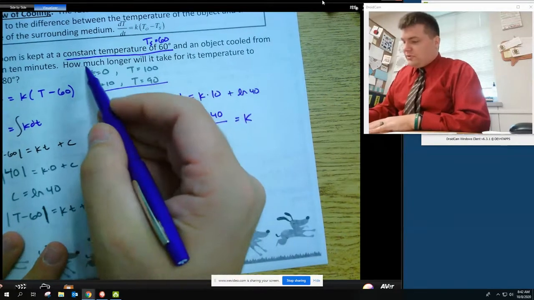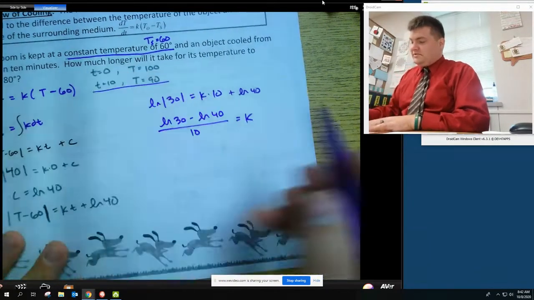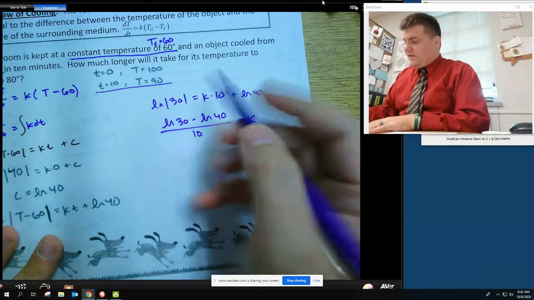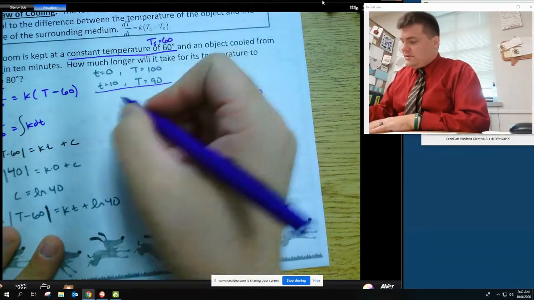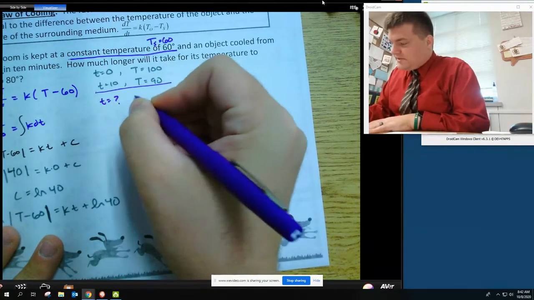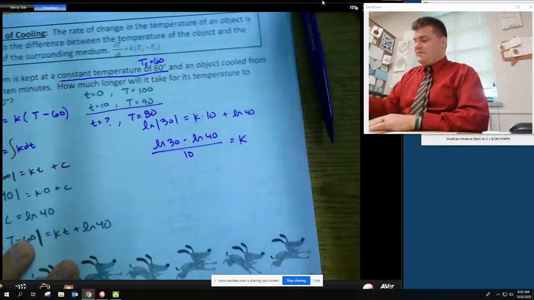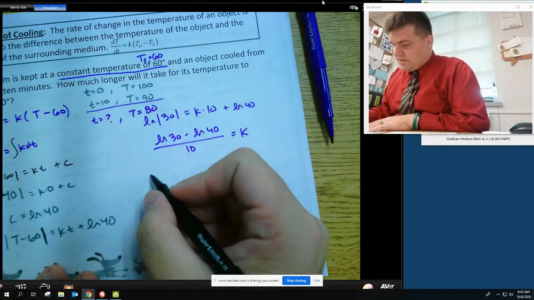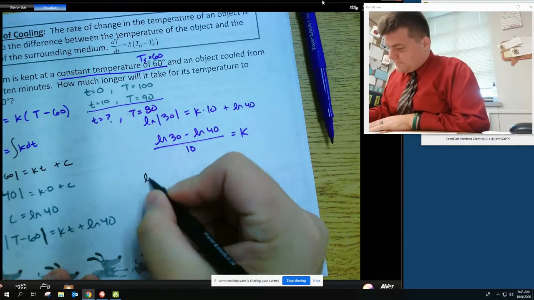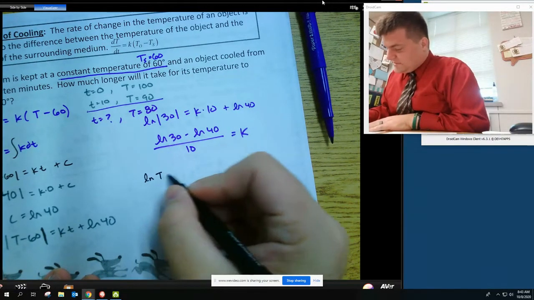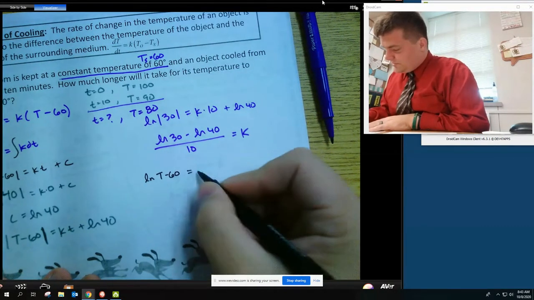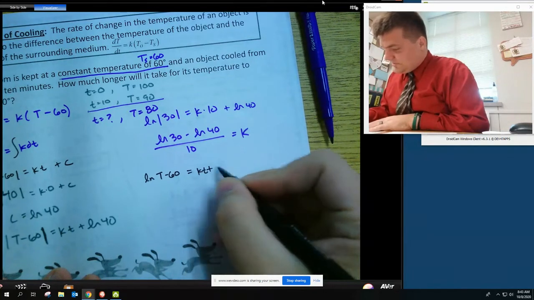Now, how much longer will it take for it to decrease to 80? So now I want to find out my t value, my little t value, when my big T value is 80. So now I have everything. So I'm going to get ln of T minus 60 equals this kt plus ln of 40.